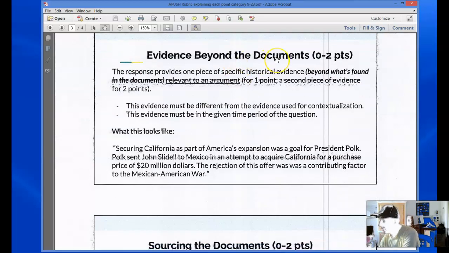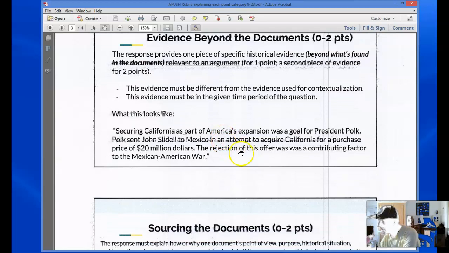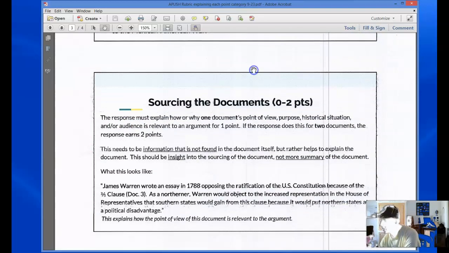This evidence beyond the documents is things you remember reading about that's going to talk specifically about your historical claim. Okay, so securing California as part of America's expansion, blah, blah, blah, attempt to acquire California for a purchase of $20 million. Okay, this created a war. All right, so somehow they think this is stuff that was outside the documents that were motivation to move west. Okay?